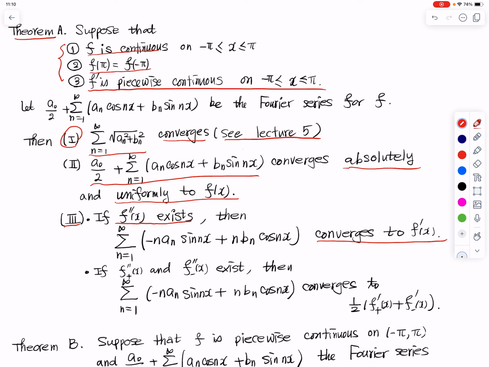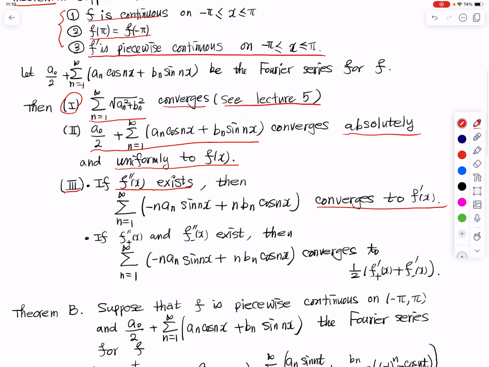If f double prime does not exist, then we have two conditions: if the right derivative or the left-hand derivative exists, then this converges to 1/2 of f prime plus and f prime minus.